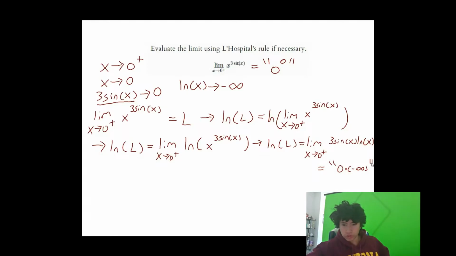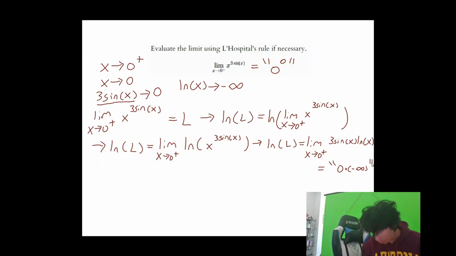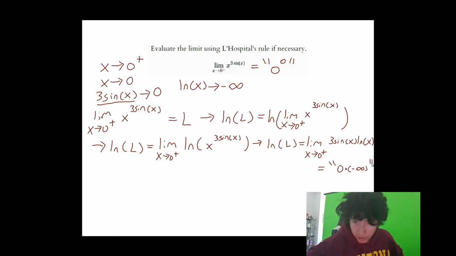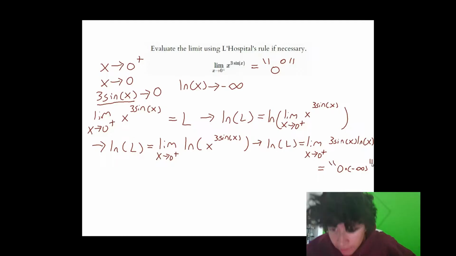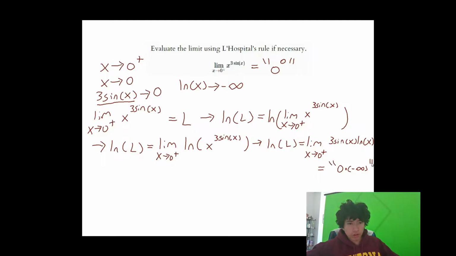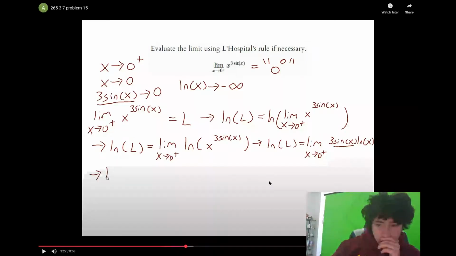L'Hopital's rule 2 times. So if that's the case, 3 sine, that's 0, and then the natural logarithm of x tends to negative infinity. So 0 times negative infinity, another indeterminate form.